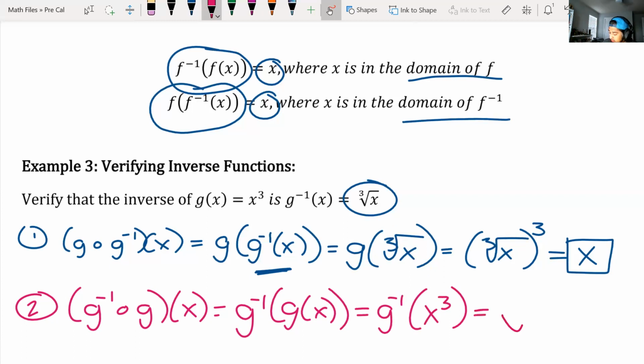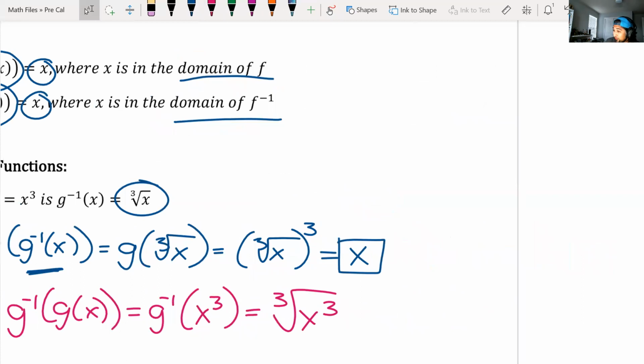So you'll get the cube root of x cubed, and again, the cube root and the power of 3 will cancel and again leave us with x. So we see that no matter which way we compose, we still arrive at x. So therefore, these two functions are definitely true inverses of each other.